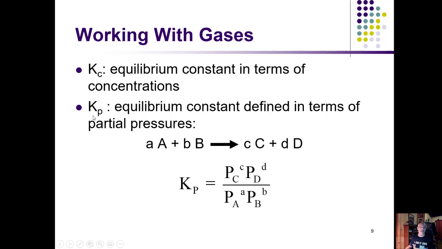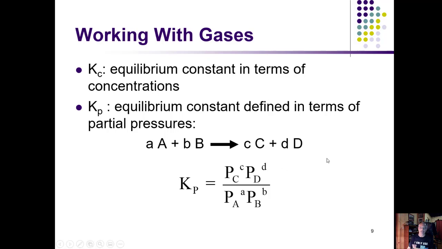Working with gases, we would just call this K sub P. And again, I don't make a big distinction between K sub P and K sub C. They may be different because pressures are not concentrations, but they represent concentrations.